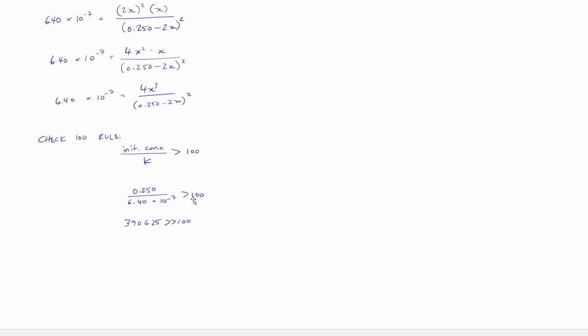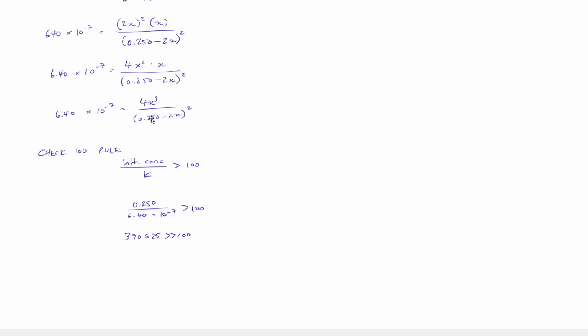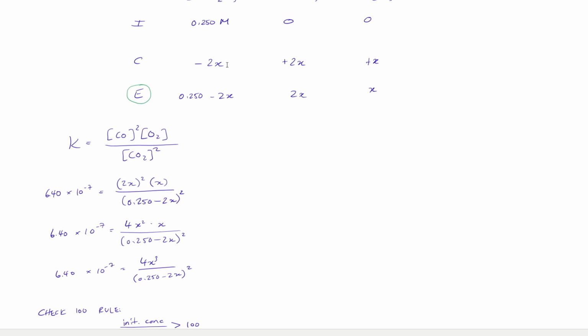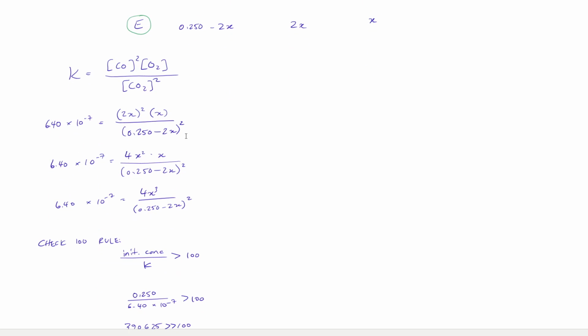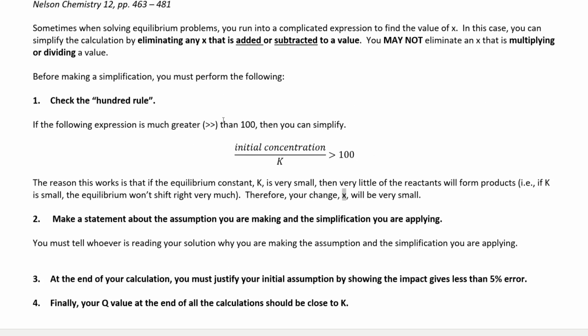So I'm able to make the following assumption. That tells me that this x value, which I already knew was going to be very small, is going to be insignificant in comparison to the 0.250. Because it is so small, I can ignore it. And we talked about that right up here at the beginning of the lesson.